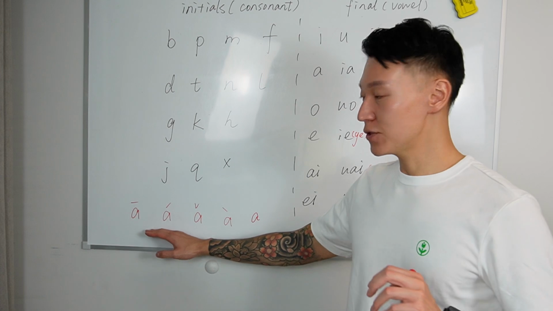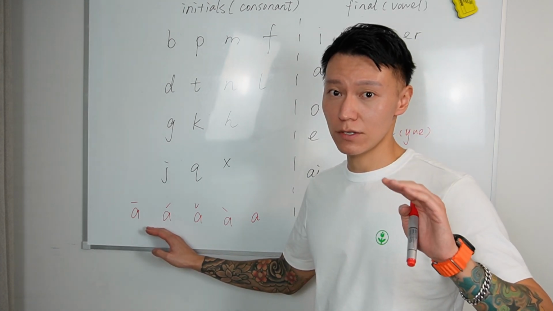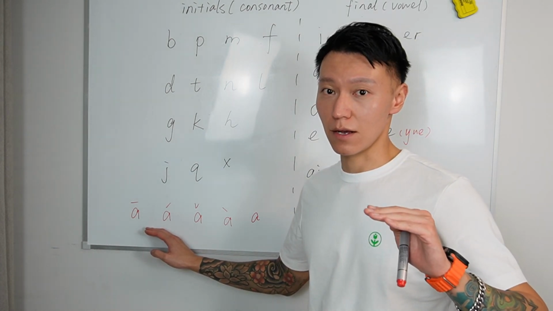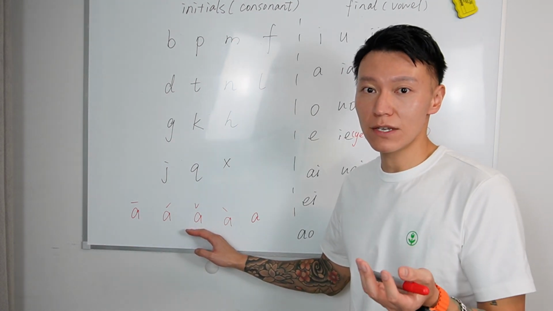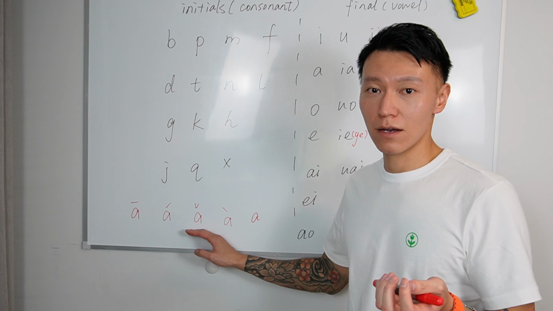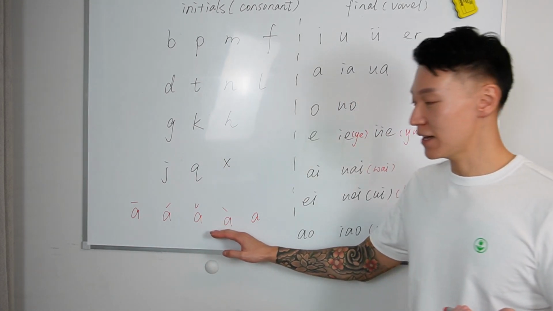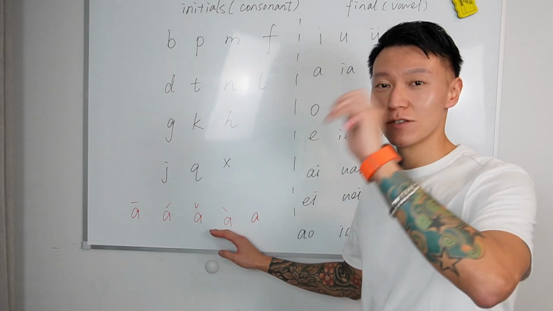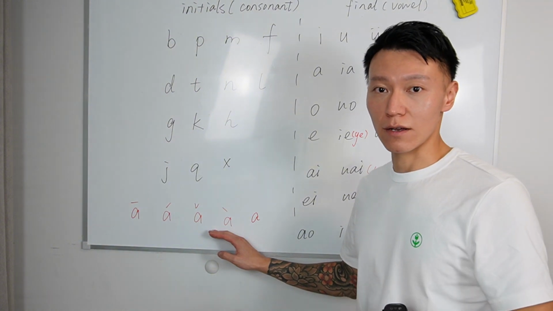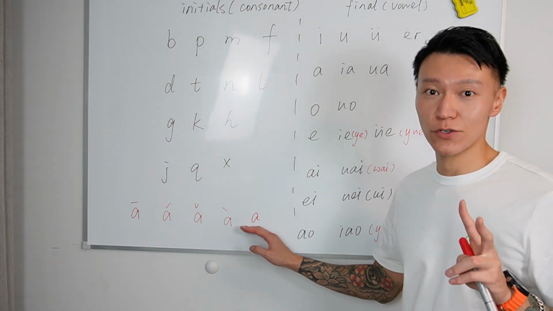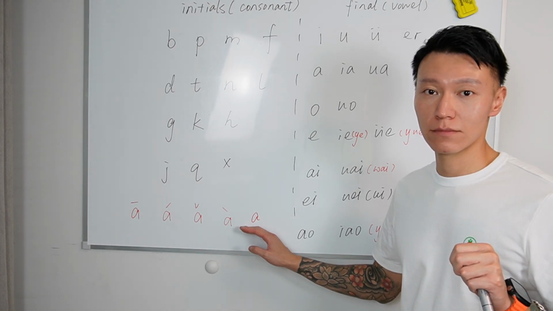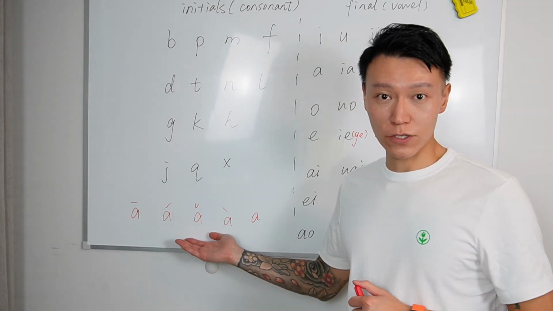Alright? Second tone, like asking a question. Third tone, drag your voice down and release it. The last tone, starting high, drop sharply. Neutral tone, lazy, short. So that's all for tones.